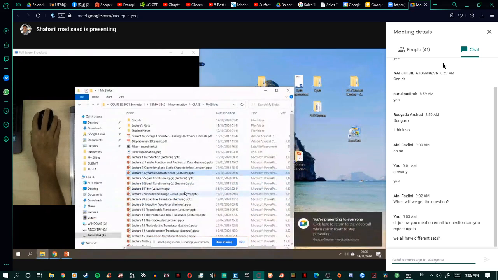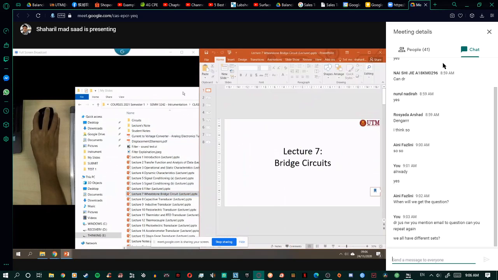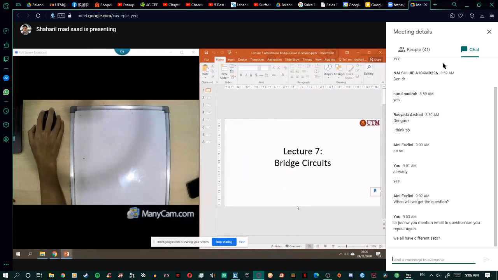We will go first on the Wheatstone bridge, because this one is a very simple chapter. And after that, if we have time, we go to chapter 6, which is filter. Lecture 7, bridge circuit.